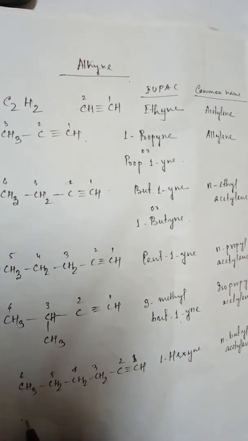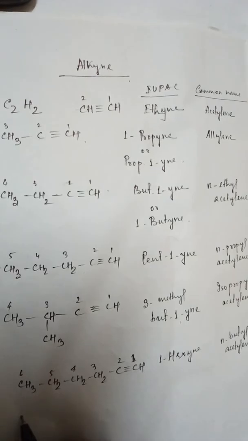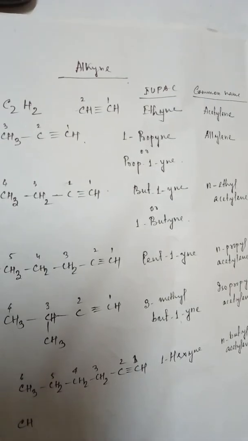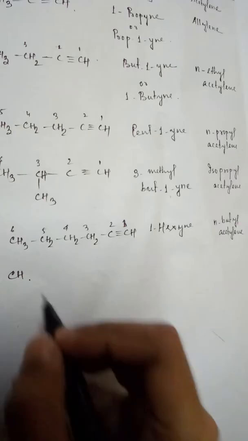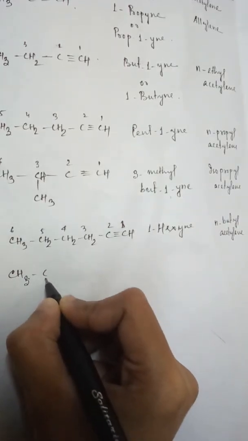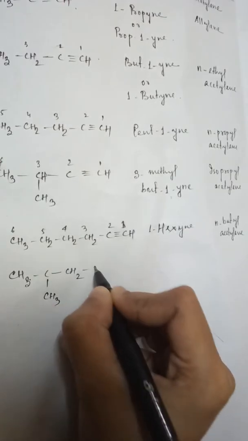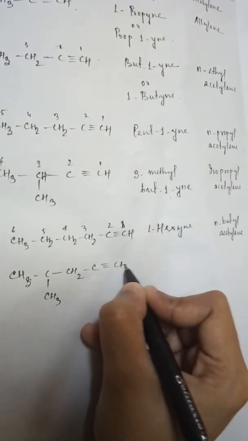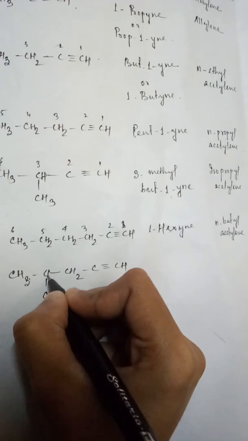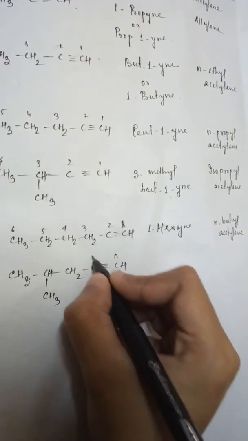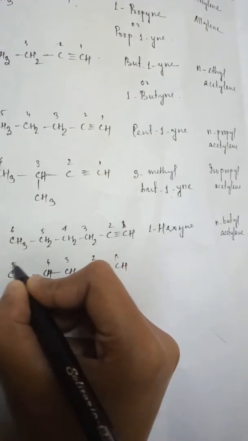In the next hydrocarbon compound, we can write, suppose, CH3C, CH3. Now find out the IUPAC name. 1, 2, 3, 4, 5. First is the numbering.